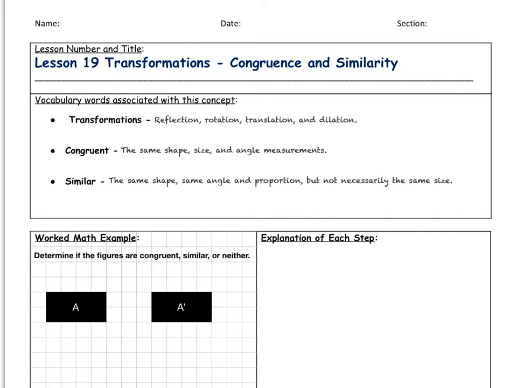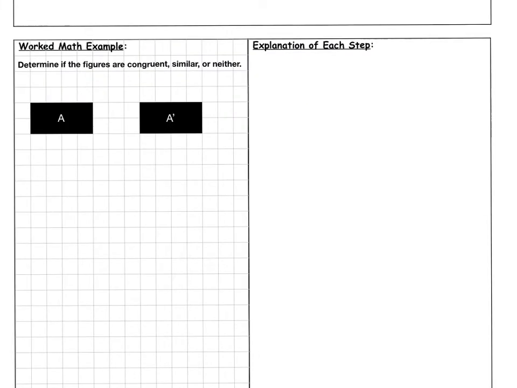Let's look at the example. The problem says, determine if the figures are congruent, similar, or neither. Okay, so we're going to be paying attention to figure A being transformed into figure B. Now, the first thing that we need to identify is a transformation.